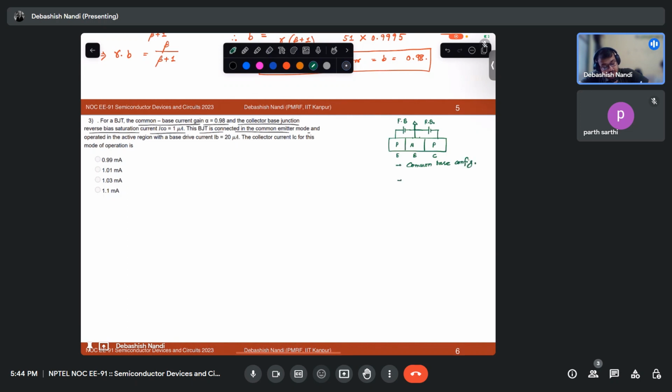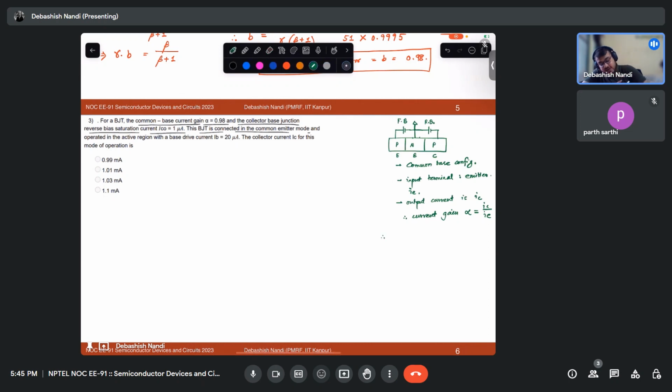Here your input terminal is the emitter, so your input current is IE and your output current is IC. So what is the current gain? Current gain in common base configuration, we generally talk about alpha, that is IC over IE.